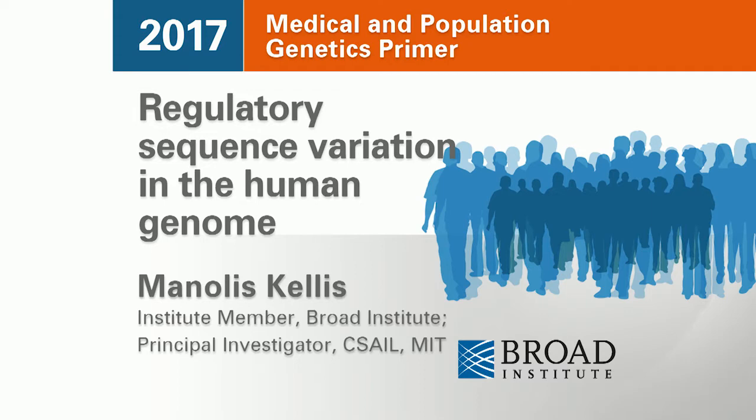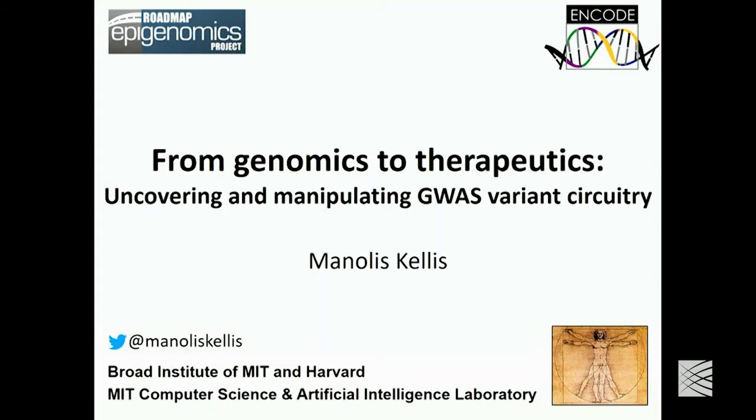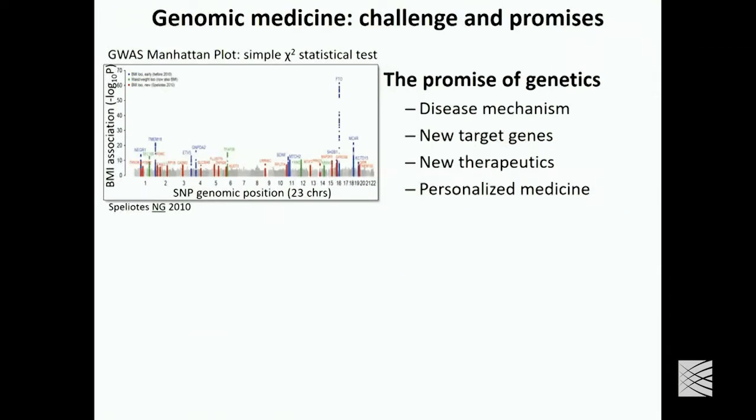So the primer today is about understanding non-coding DNA and its association with complex traits. You've all seen this plot throughout the primers so far, and this is a Manhattan plot. What this tells you is, for each one of about 6 million SNPs scattered across the genome, what is the probability with which that genetic variant is randomly associated with a disease?